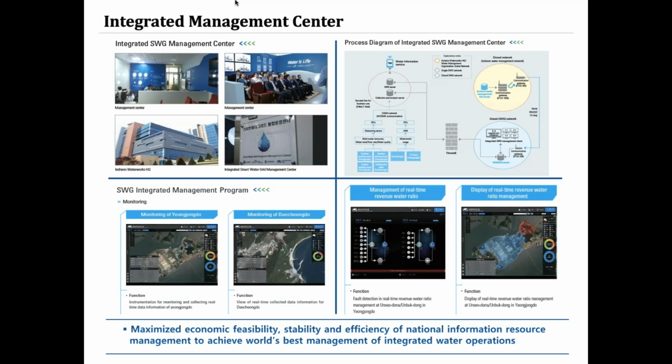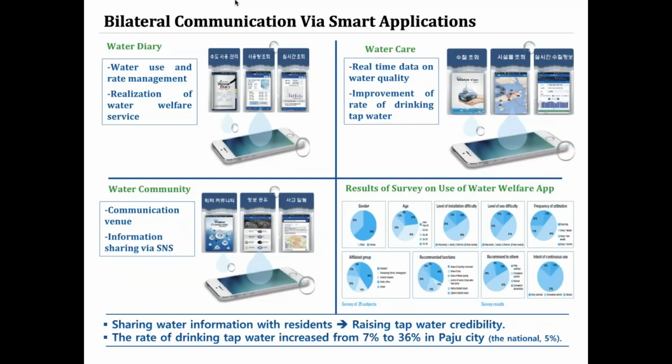Next one is bilateral communication with consumers. I think this part is very important. We built an integrated monitoring and controlling center in Incheon metropolitan city. Dae-cheong and Yeong-jong plants are being monitored and controlled remotely in real time. We have developed three types of water applications: first the water diary, water care, and water community.